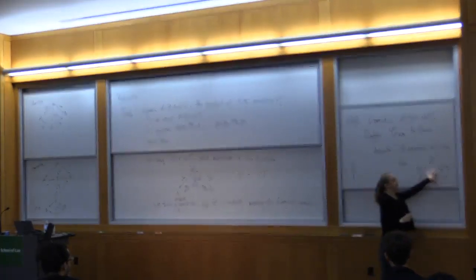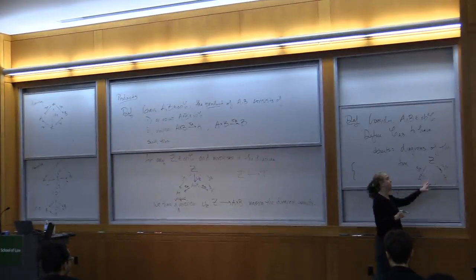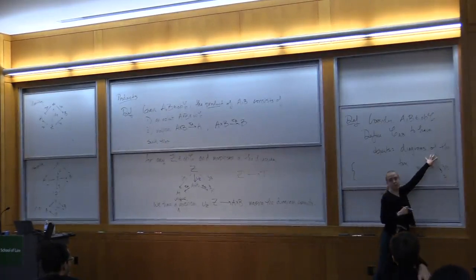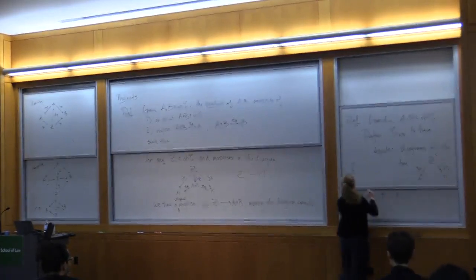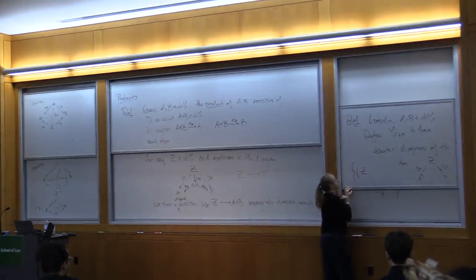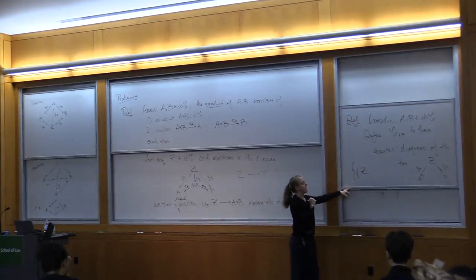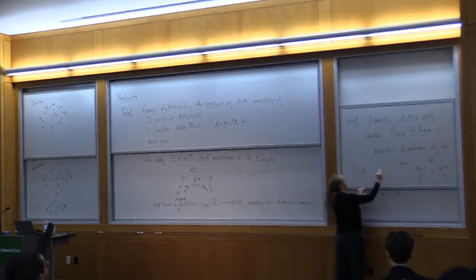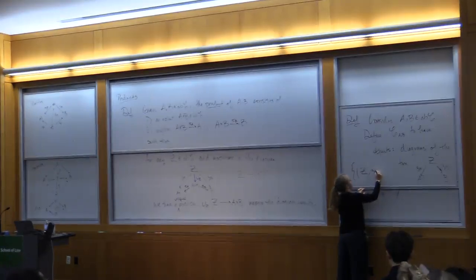So in this diagram, we have three pieces of data. We first need an object in the underlying category. So we're going to have a triple here, that's an object in the underlying category. And we're going to have these two maps.